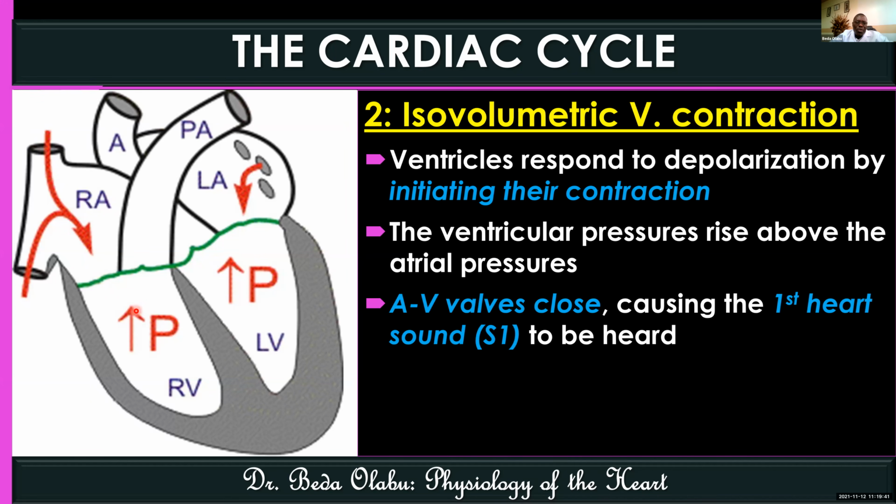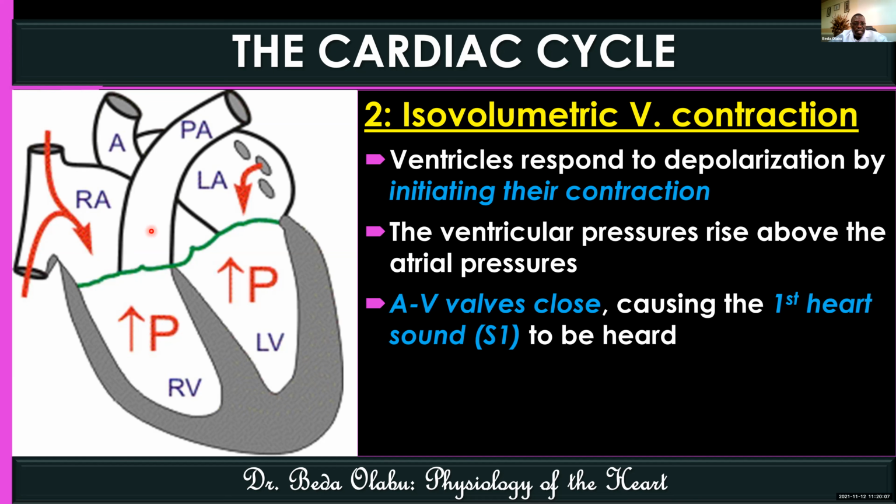The pressure within the ventricles rose above the pressure within the atria, and that is what made the AV valves close. However, the pressure in the ventricles is not yet higher compared to the pressure within the outflow tracts. In simple terms, I'm saying the semilunar valves have not yet opened.